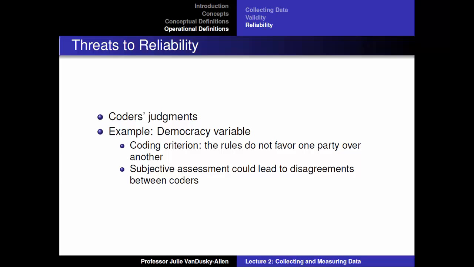As such, two coders might disagree over whether a specific country's electoral rules favor one party over the other. If that is the case, one coder may code a country as a democracy and the other might code it as a non-democracy. One coder would clearly be correct and the other would not be. As a result, the democracy variable would be an unreliable measure of democracy because sometimes it measures democracies and non-democracies correctly and sometimes it does not.